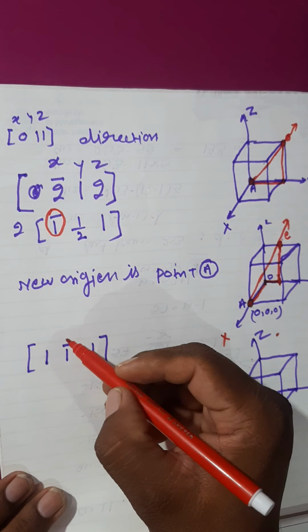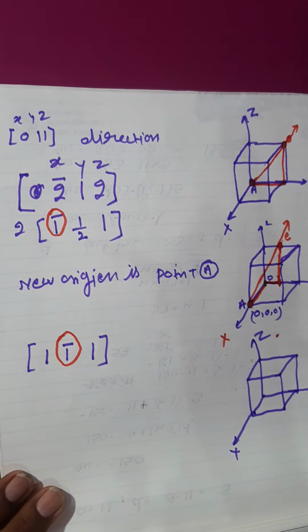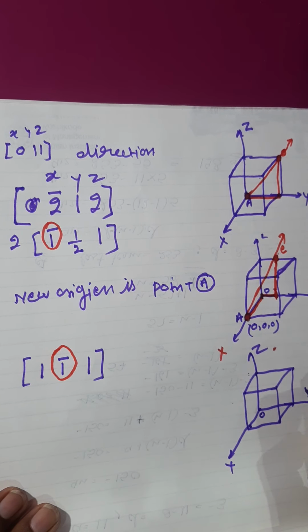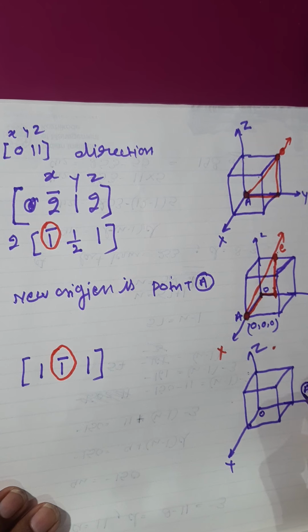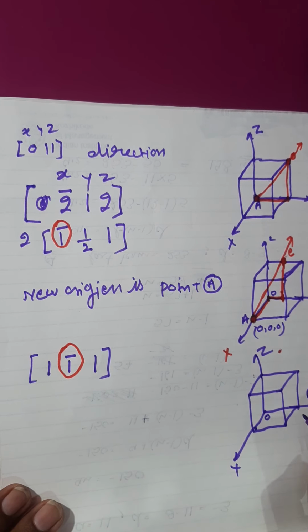See here, this is your negative direction, that is, we have to move negative of y. So we will shift our origin from O to A at the y axis for our convenience. So this will be your new origin.